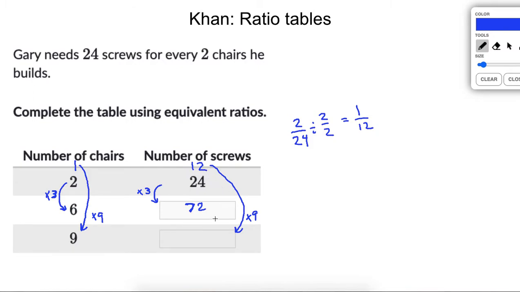So 90 plus 18 would be 108. So it takes 108 screws if he makes 9 chairs. You're going to have to do that on a lot of these: reduce the ratio that they give you in order to make these work.